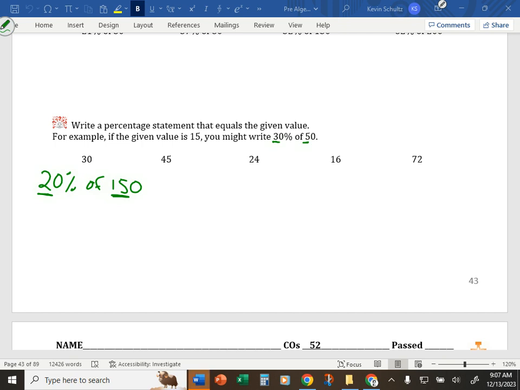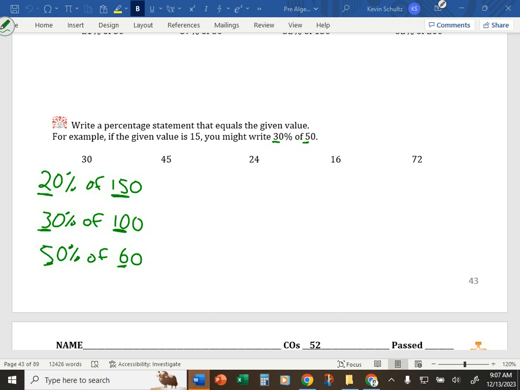10 times 3. So you could potentially do 30% of 100, because if you cancel out those 2 zeros, 3 times 10 equals 30. What else multiplies to make 30? 50% of 60. Sure, 5 times 6. Cancel out the zeros, you are multiplying 5 times 6 to get 30.